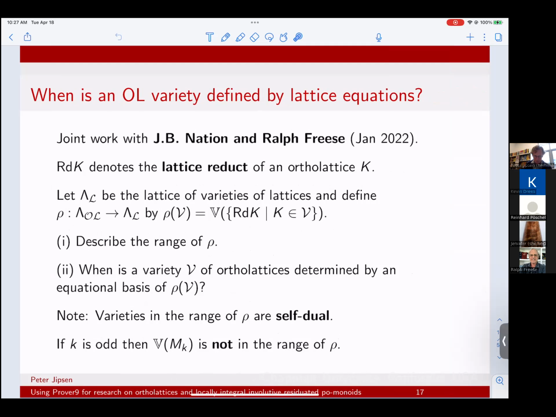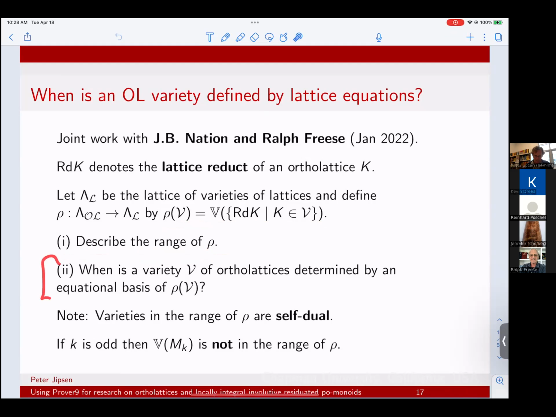And we were wondering about if you take a map from ortholattices to lattices, where you just forget about the ortho complement, then every variety of ortholattices generates a variety of lattices. And so the question is to describe the range of this map. Will it target H? Will you get H as a member in the image of rho? And so that's really the question.